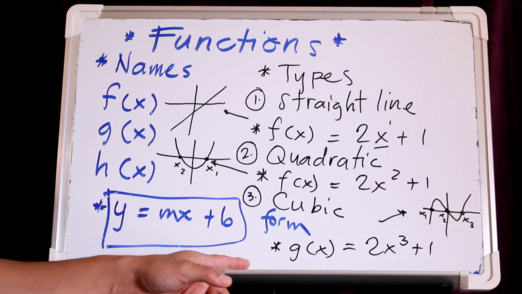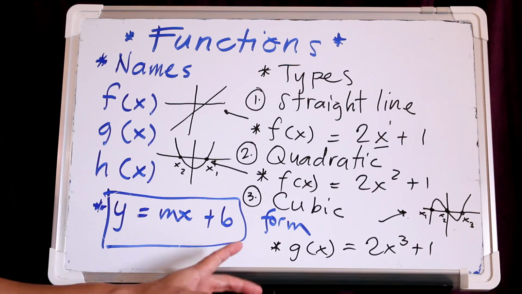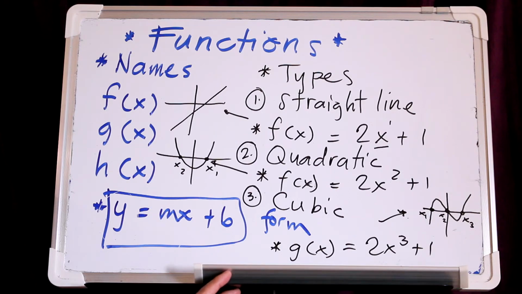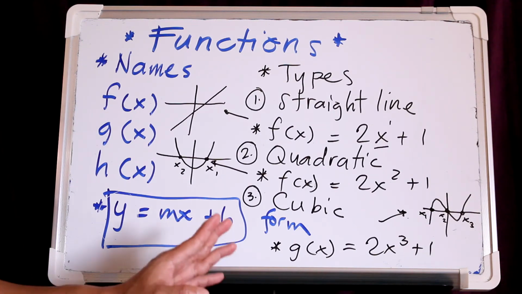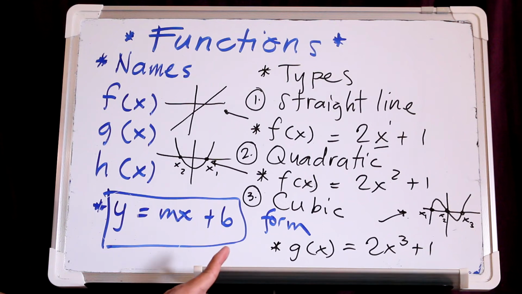Another type of function would be radical function, rational function. They have different lines, but most of those lines are curves. And then you have the sine or the trigonometric functions and so on, right? So this is function.